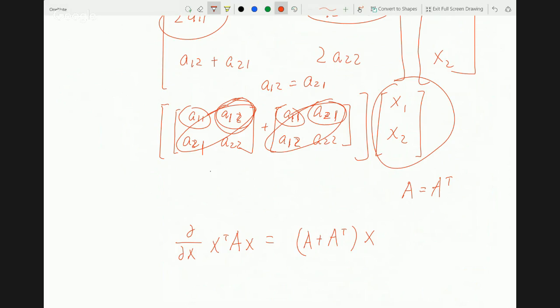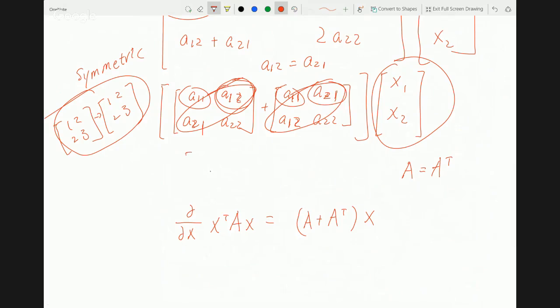So we're talking about a symmetric matrix where you have like 1, 2, 2, 3. So if you find the transpose of that, it'll be 1, 2, 2, 3. So if they're symmetric, what does that mean?